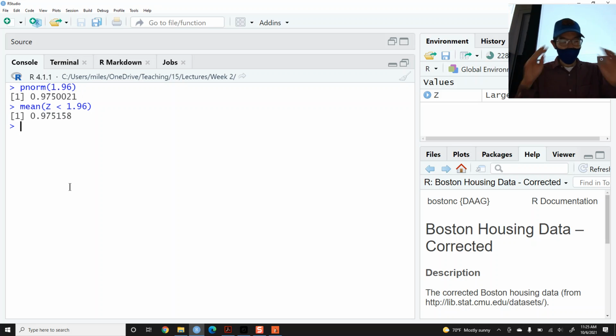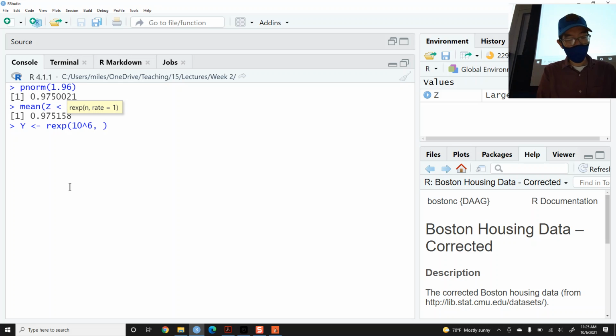Again, it seems silly, but this is effectively the Monte Carlo approach. We're just generating values from the computer, and so we can get a Monte Carlo estimate of pretty much any cumulative distribution function using any kind of random generator, right? So if we wanted to say y comes from r exponential, let's generate 1,000,000 values, and let's use lambda equal to 0.5.